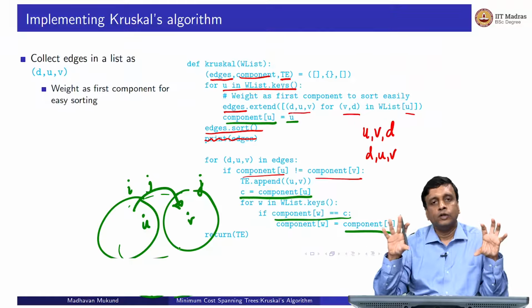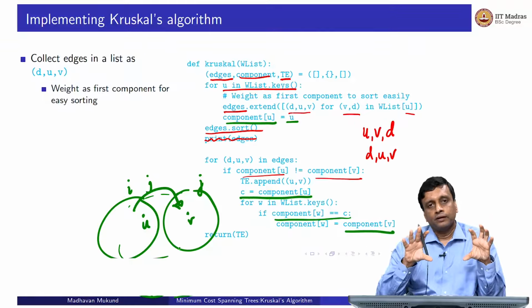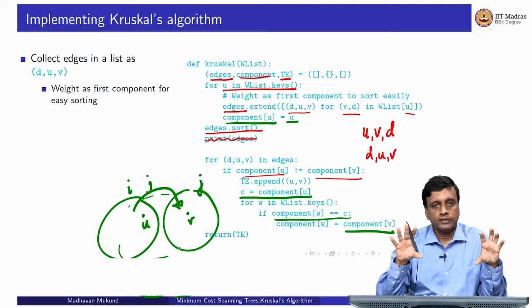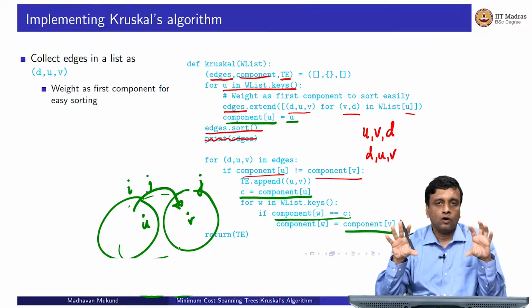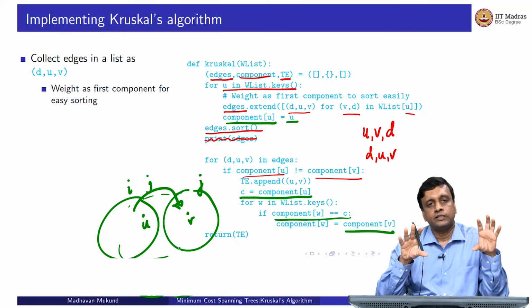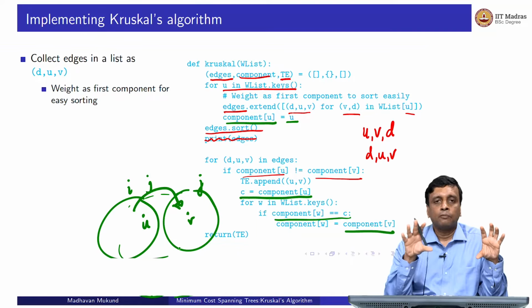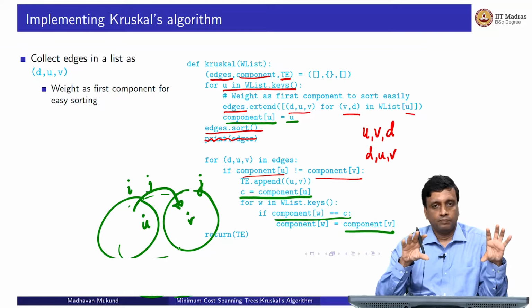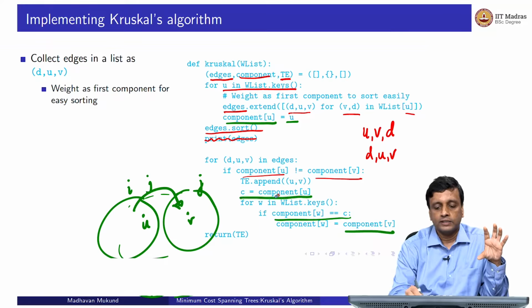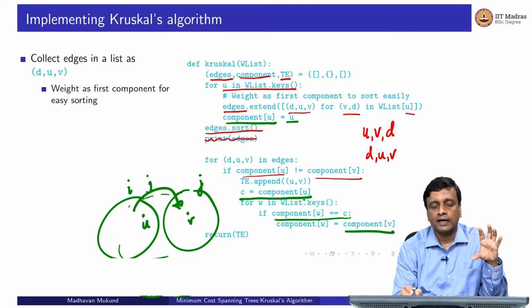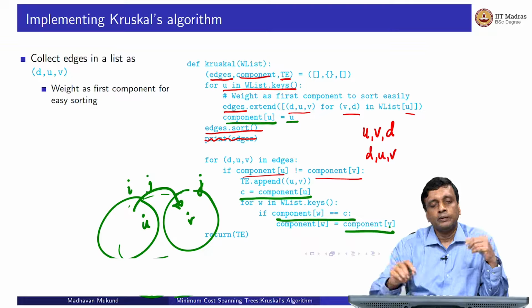So when I take two components and I merge them, if this is component I and this is component j, either I make everything in I and call it j, or I make everything in j and call it I. So what I am saying here is if the edge is going from I to j, I am going to convert everything in I to j. So that's what this loop is doing, right. So it's saying that let C be the component of the starting vertex, and for every other vertex which has the same component name, change it to be that of the target vertex.